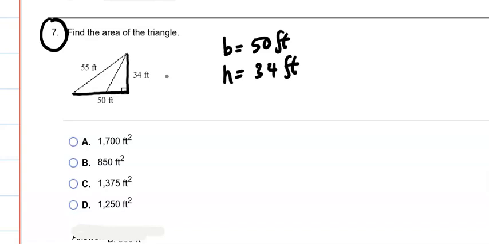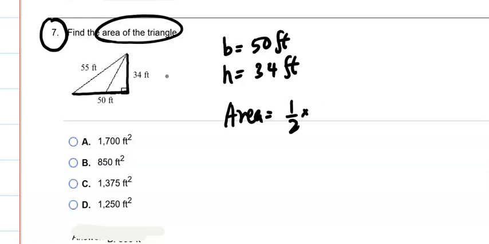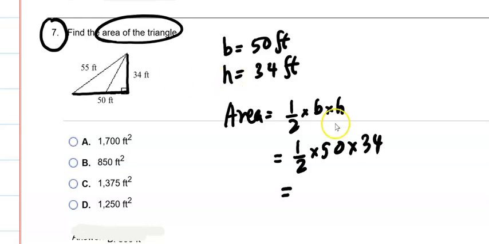So here the base equals 50 feet and the height equals 34 feet. To find the area of the triangle, the formula, again you refer to the formula list, is half times base times height. So half times 50 times 34, and if you multiply them, you'll get 850 feet squared.